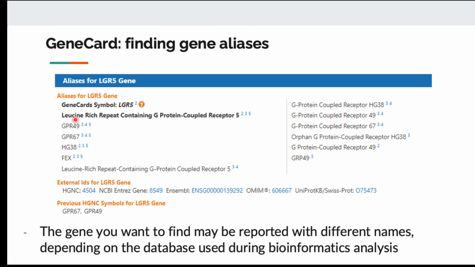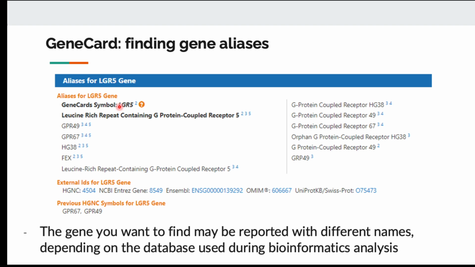So there is L, G, P, C, R for receptor. When the gene is first discovered, we didn't know anything about the function of the gene. So it could get a different name, because at the time the gene was discovered, that was the best knowledge that we had about the gene. But as time went on, as people learned more and more about the gene, the name can change.